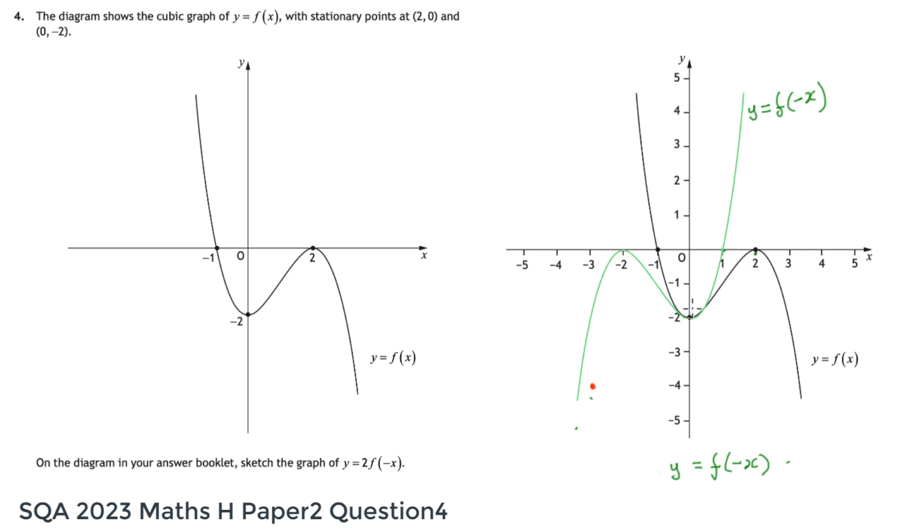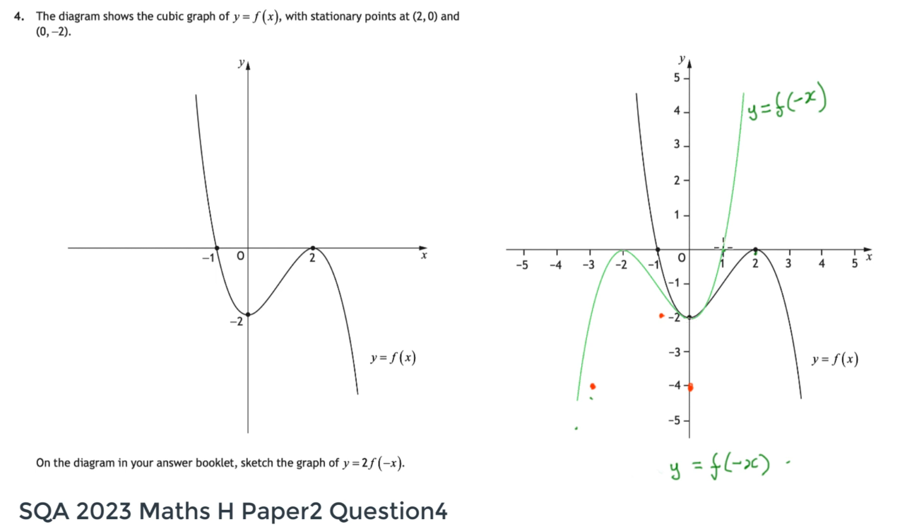If we've got a point here on the green graph at negative 2, doubling that should give us negative 4. If we've got a point at negative 1 on the green graph, that's a height of about negative 1, double that, we're down there, negative 2. So this green graph is being stretched in the y-axis direction by a factor of 2.